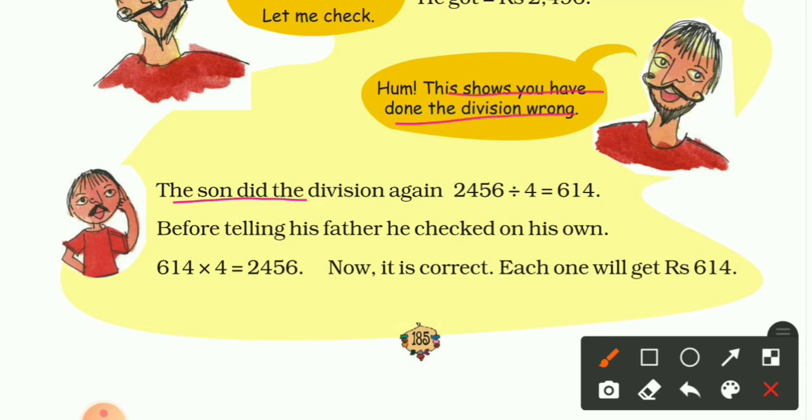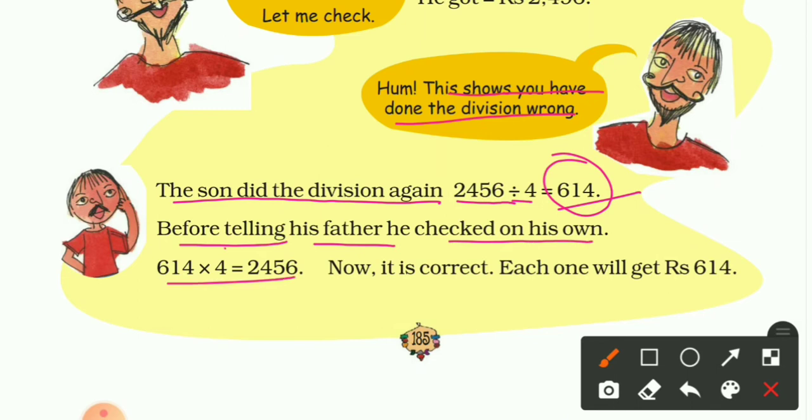So the son did the division again, 2456 divided by 4, and he got 614. Before telling his father, he checked on his own. So here is how to check the correct division. It is given here. Now it is correct. Each one will get 614 rupees.